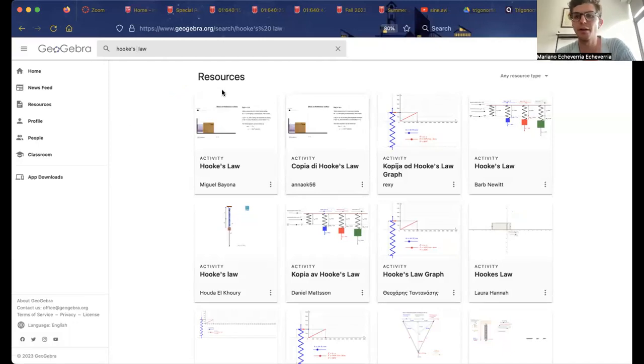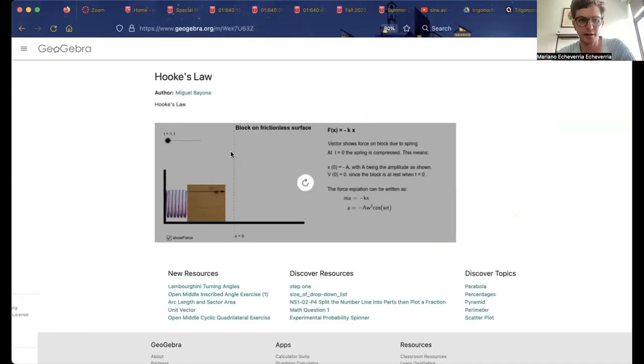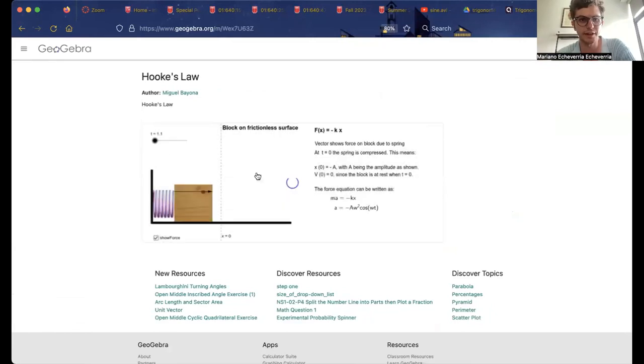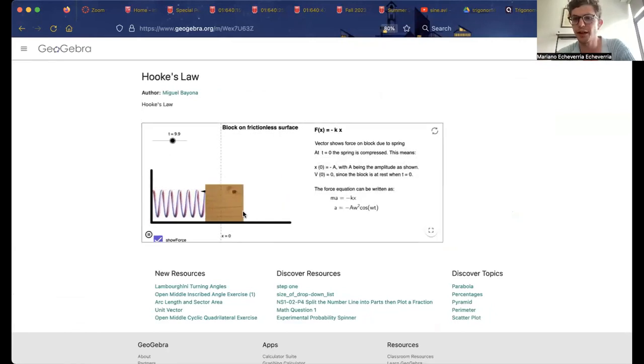For example, if you go to GeoGebra, you can enter Hooke's law. Hooke's law is just the law for the force that's acting on a spring.